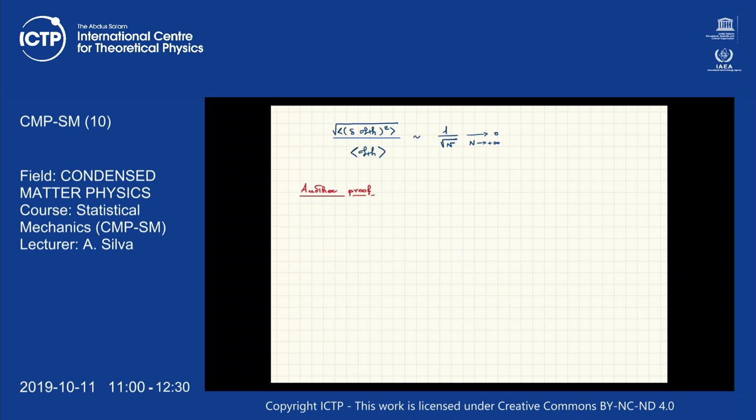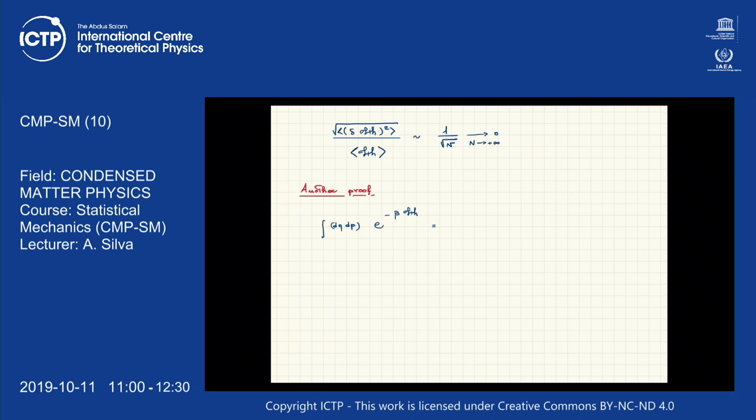Okay, so let's go back to this thing: dq dp e to the minus beta h. Now, this can be written as follows.